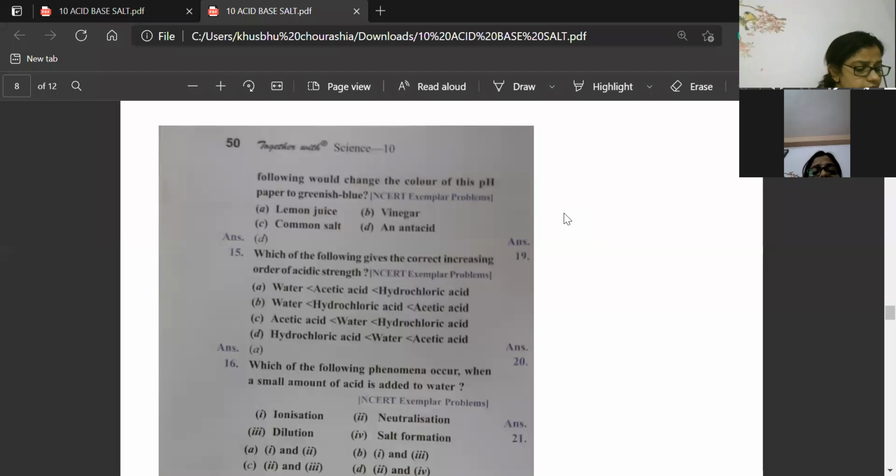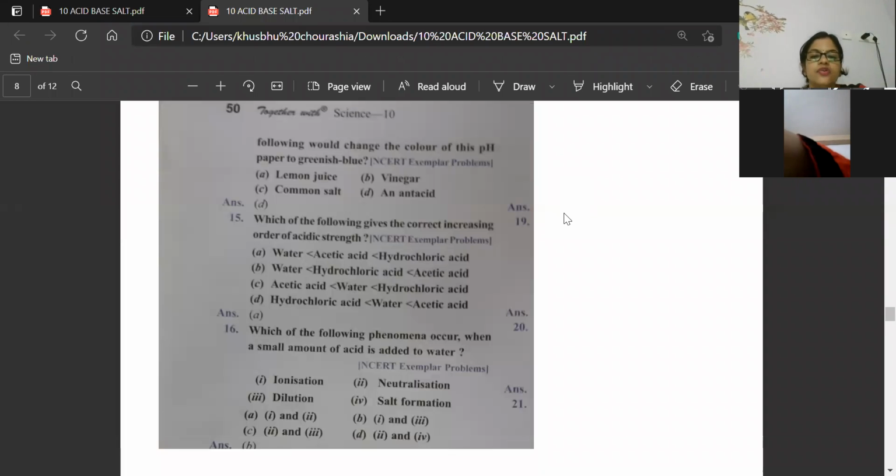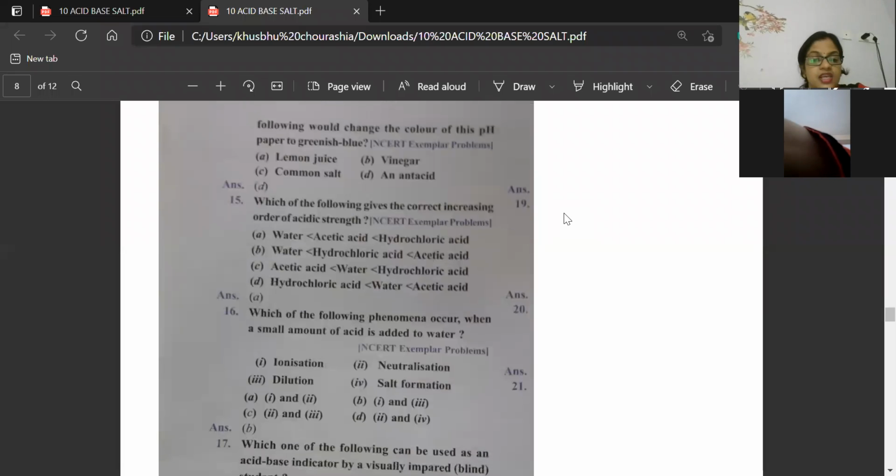Definitely ionization will be there, and the second one is dilution. Ionization and dilution is the correct answer. Neutralization will only take place when acid reacts with base. Salt formation will definitely not be there. So the correct answer is B.